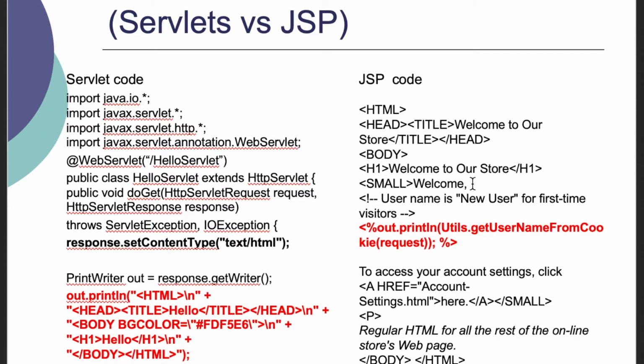As you can see, most of the code is HTML code, but when we save it as .jsp, we embed the Java code inside the HTML. So as we have covered in the previous chapter, there are two main concepts. For the servlet, we write HTML inside the Java code, but for JSP, we write the Java inside the HTML.